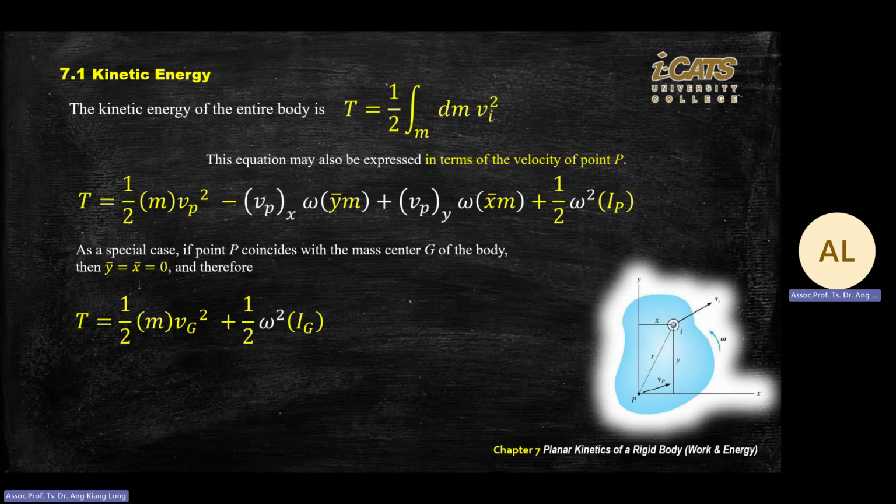The kinetic energy equals half mv squared plus your moment of inertia effect. This Ig, read from the appendix. It depends on the shape, either Ixx, Iyy, Izz, and so on.